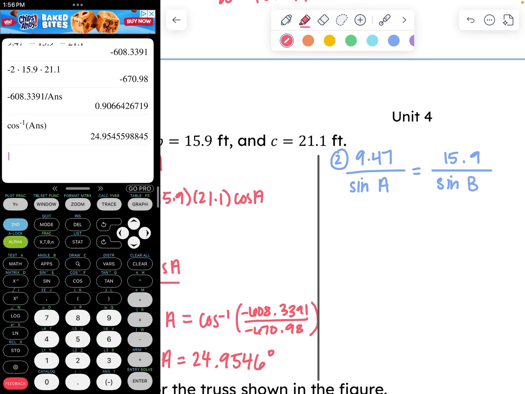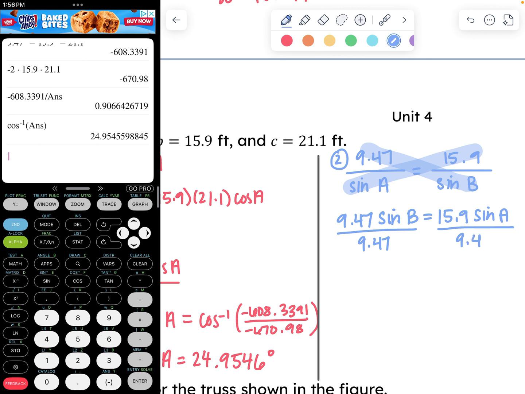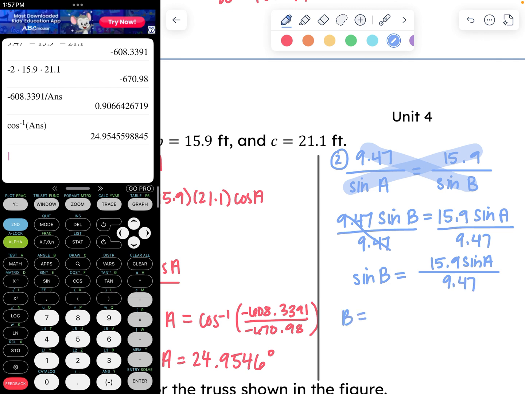I'm going to cross multiply. So 9.47 sine of B is equal to 15.9 sine of A. Divide by the 9.47. So the sine of B is equal to that fraction. And then take my inverse sine.